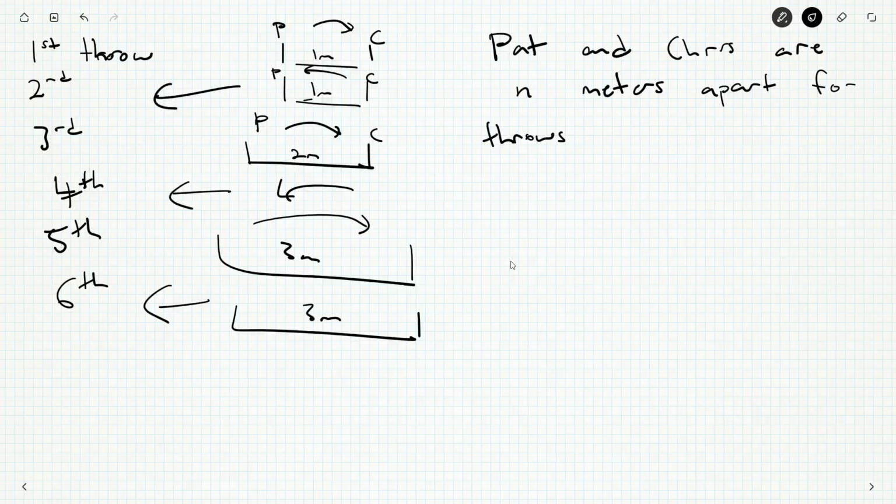You just double the number of meters apart they are. So for the 2nth throw, and the one before that, 2n minus 1. Okay. So now we know the relationship between how far apart they are and what throws it could be.